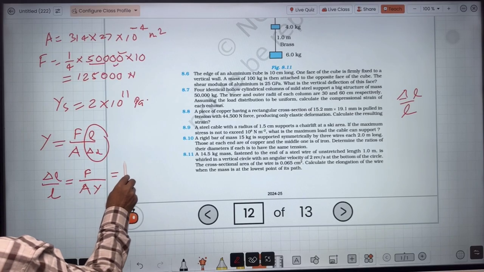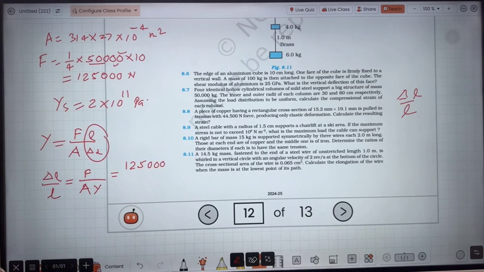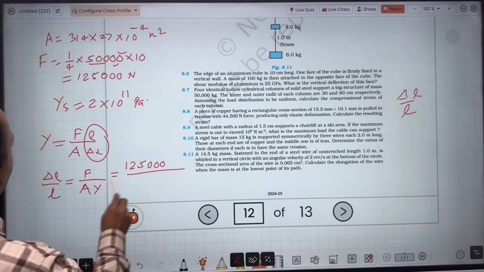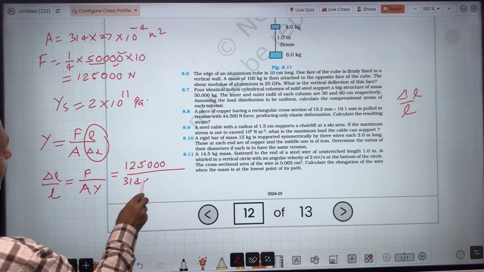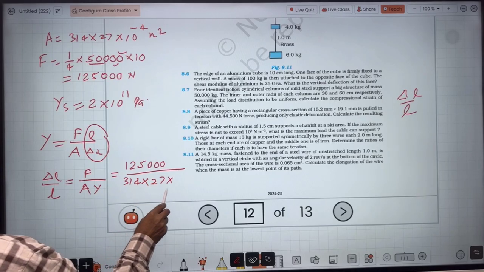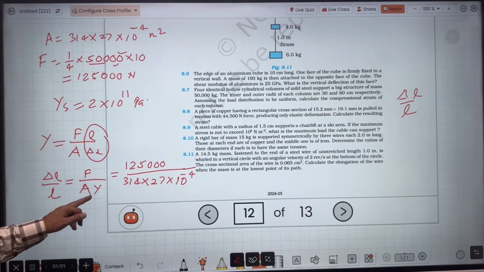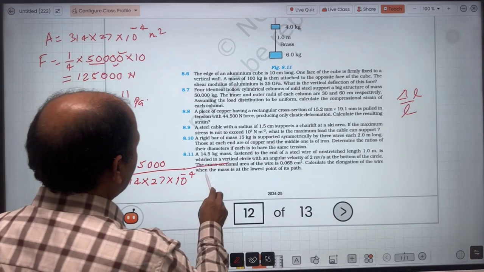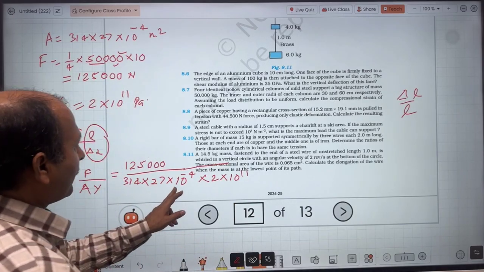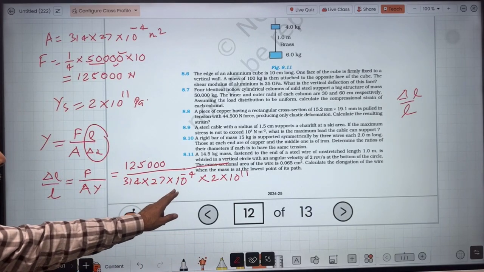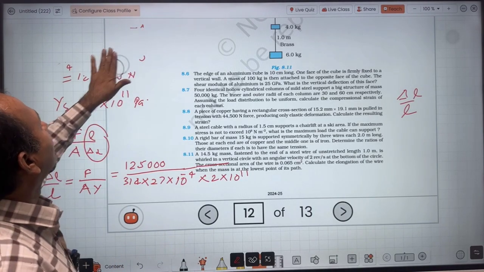Let's put the values. F is 125000, right? Then A is 314 into 27 into 10 to the power minus 4, into Young's modulus 2 into 10 to the power 11. Now let's further simplify.